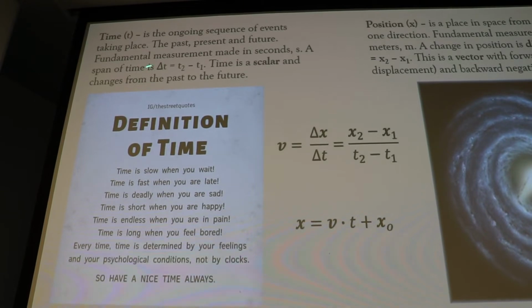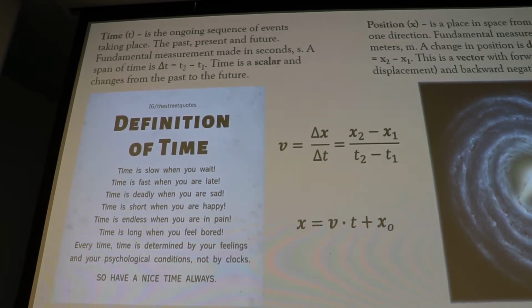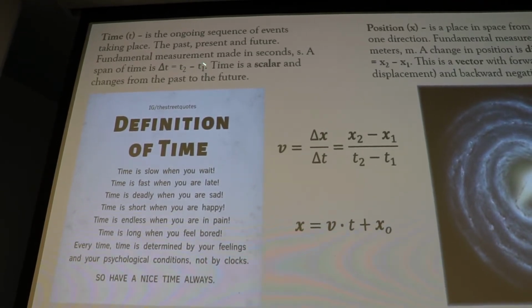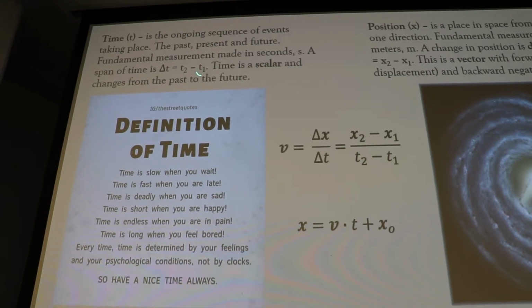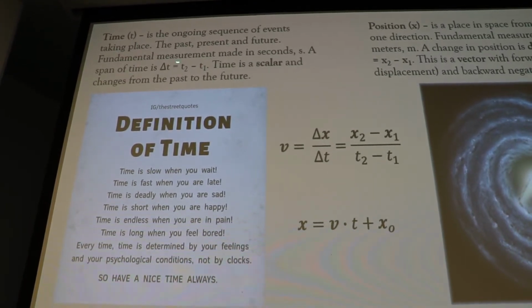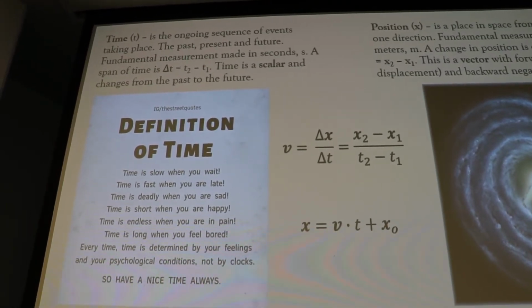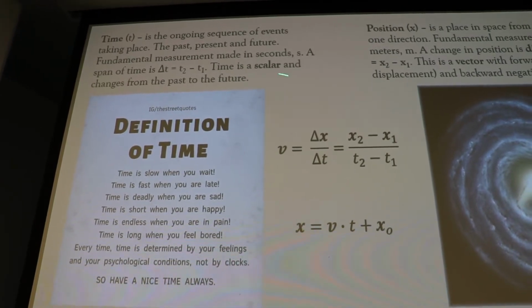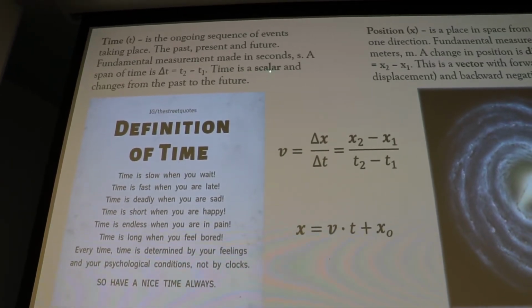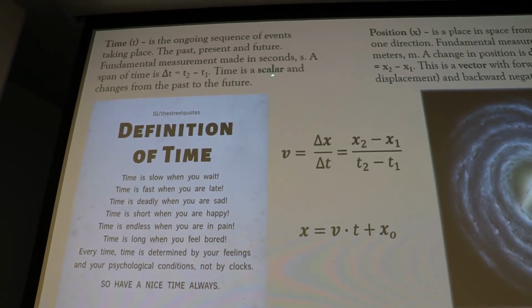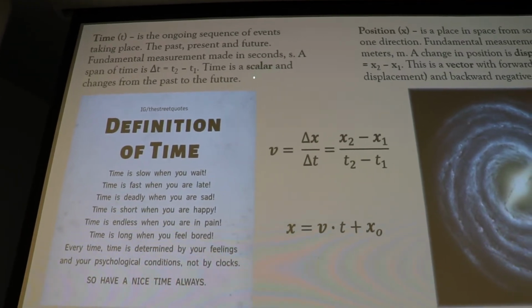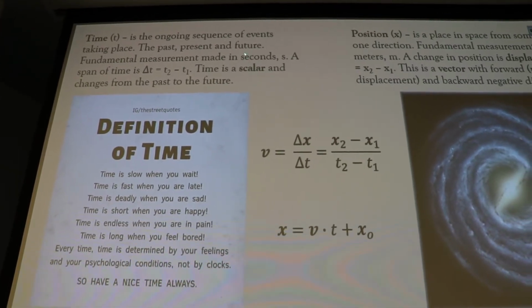A span of time is called delta t, and you take your second measurement minus your first measurement. The first measurement came before, earlier than the second measurement. Time is a scalar, which means it has no direction in the 3 directions of space: up, down, and in and out, or X, Y, and Z.